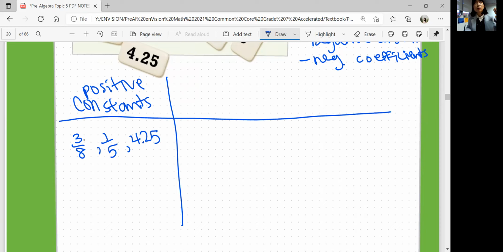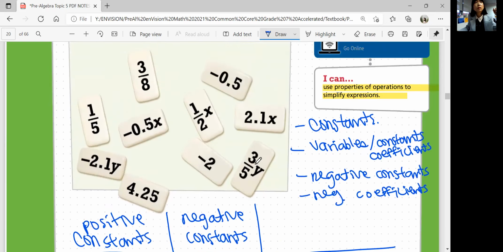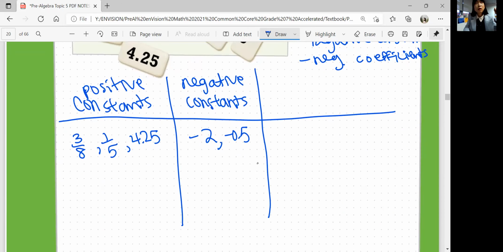What about negative constants? You see -2, -0.5. Right, that's it, right? And what else?